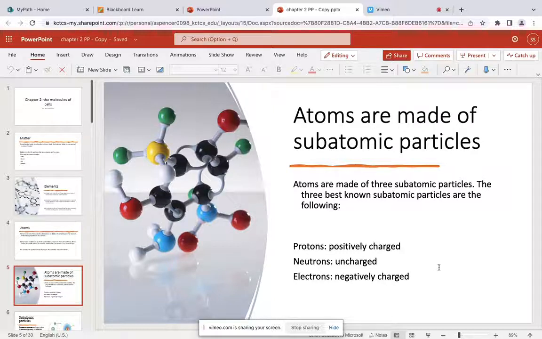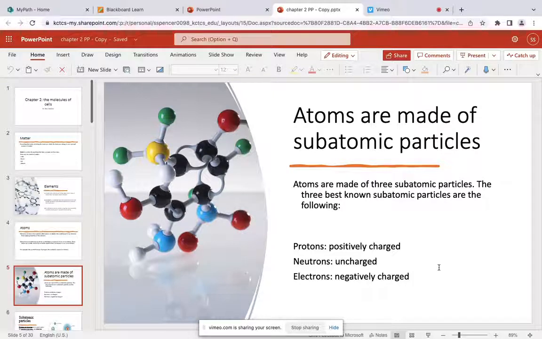This slide's very important. So each atom is made up of 3 subatomic particles, and these subatomic particles are protons, neutrons, and electrons. They each have their own electrical charge. So protons, P for positive. Neutrons are neutral.